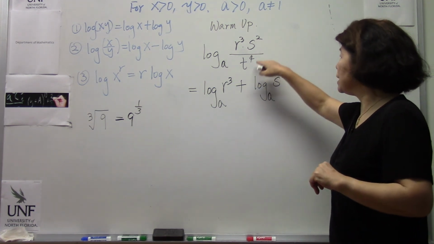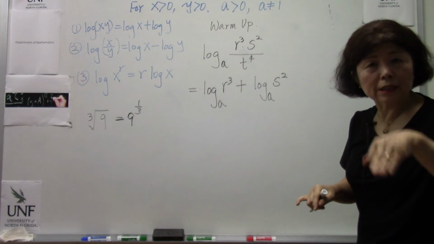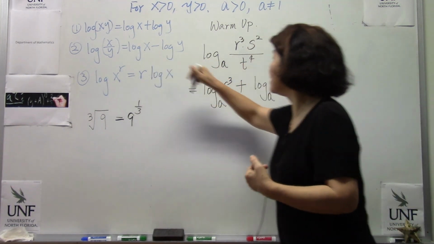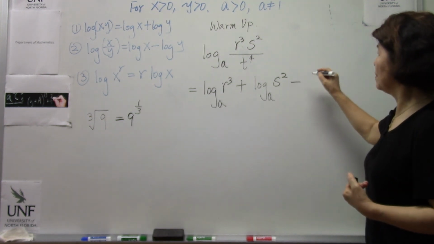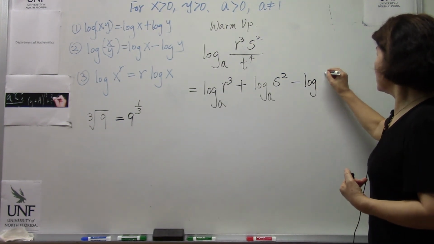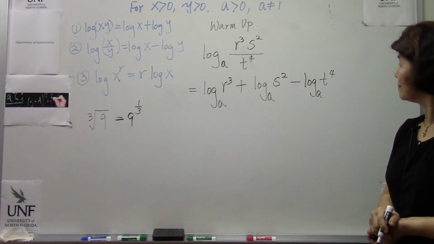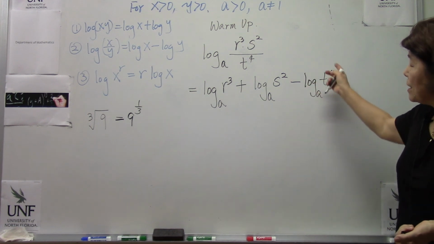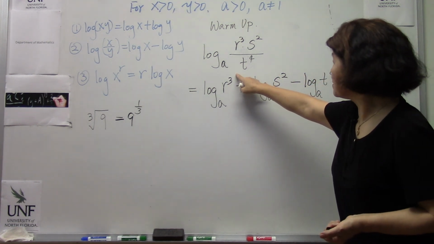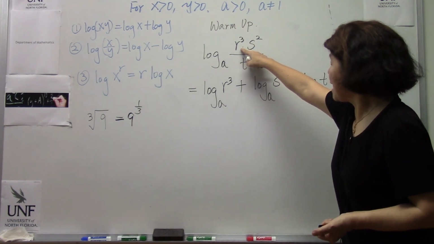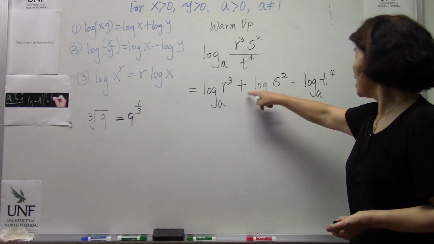Now go to the denominator. When you go to the denominator, that means it's divided, so we apply that: subtract log t to the 4th to base a. You know what I mean? We just ignored these powers for now, and made the multiplication an addition.